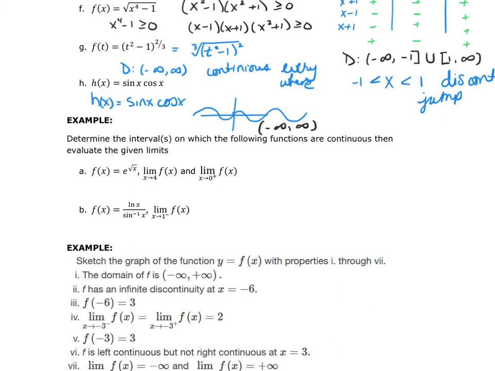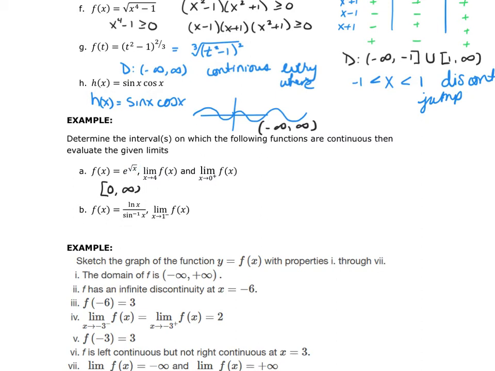All right, let's take a look at the next example. We want to determine the intervals in which the following functions are continuous and then evaluate the given limits. This one is continuous from 0 to infinity, because the part having the issue is the square root of x, where we are continuous from the right.